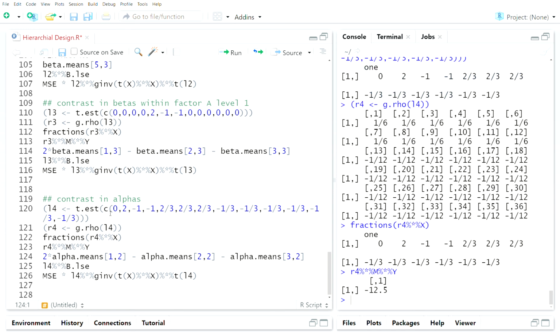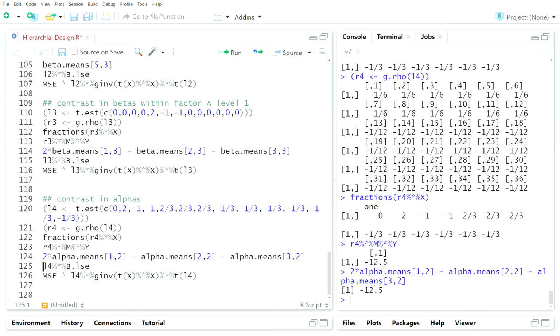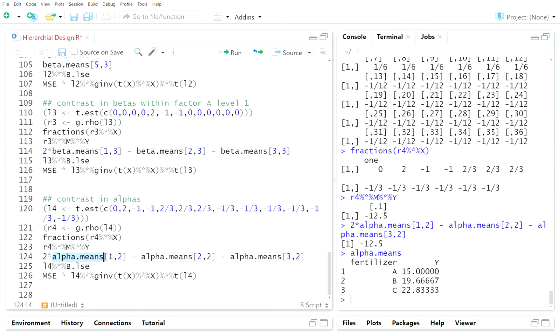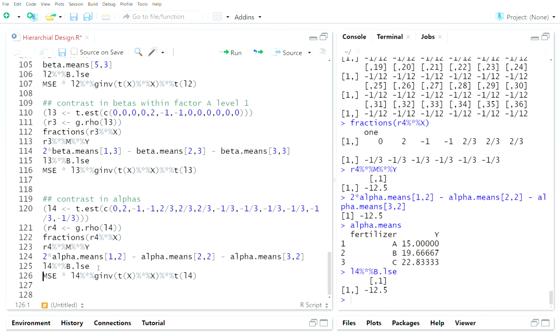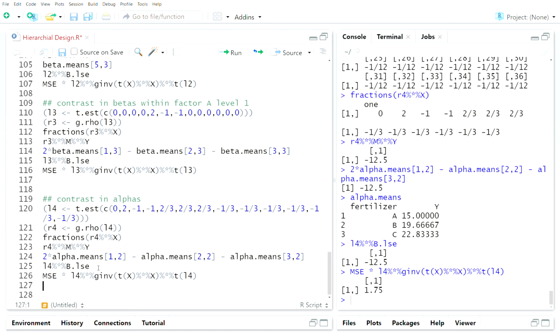And then this is the unique estimate, minus 12.5. And then here we can look at, now notice we're doing the alpha means, right? So we take 2 times this first one, and then minus the second one, minus the third one, and we get minus 12.5 back. Or we could just take the linear combination of the least squares estimate for beta, and we get it back. And here's the variance associated with it if we want to conduct tests.